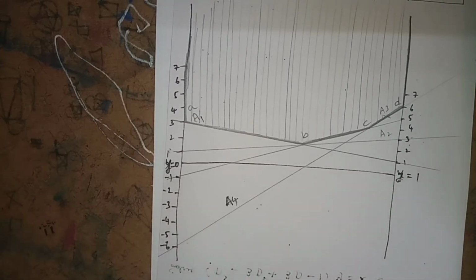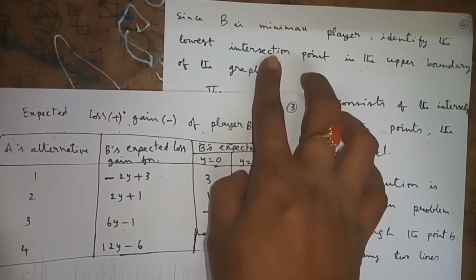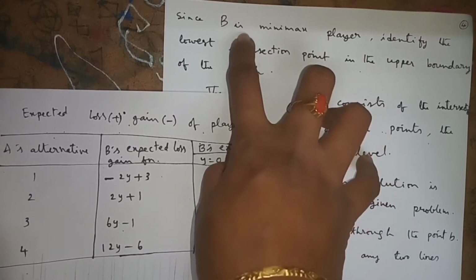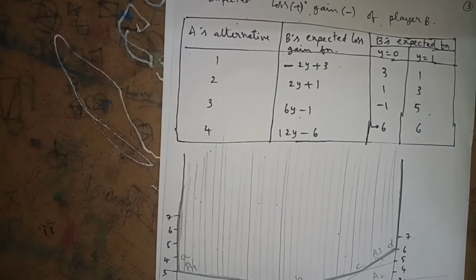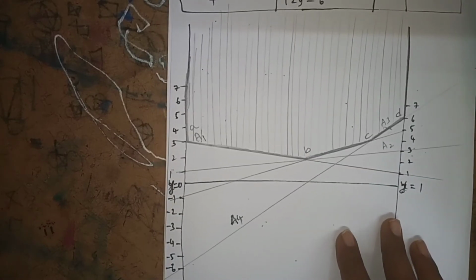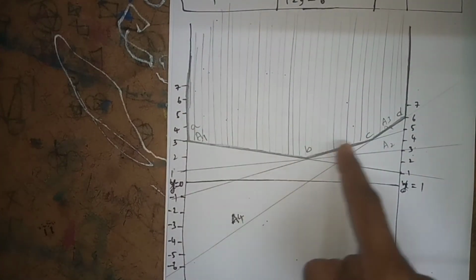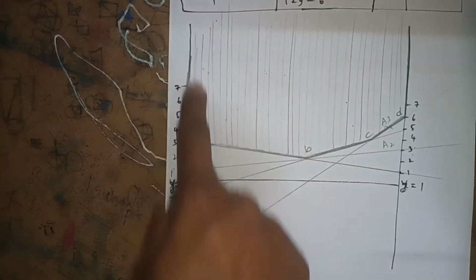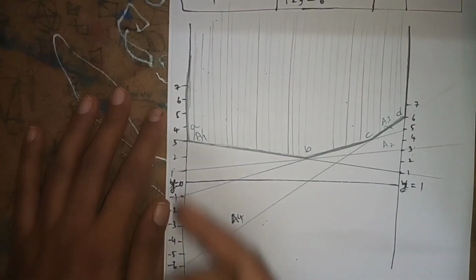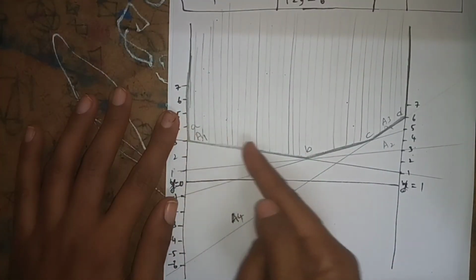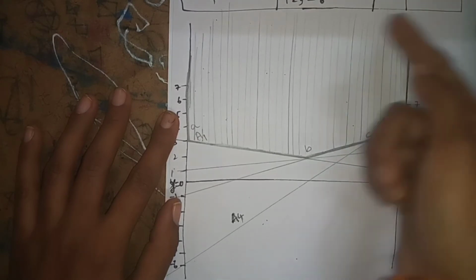In the previous one it was the maximin value; here, since B is the minimax player, after drawing all the 4 lines like this, identify the upper boundary. Why upper boundary only? Because B is the minimax player. That's why first we will identify the upper boundary.